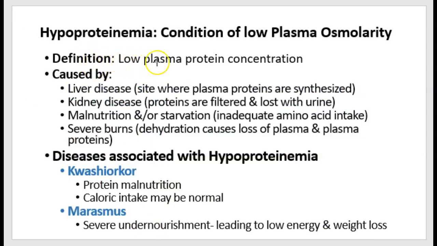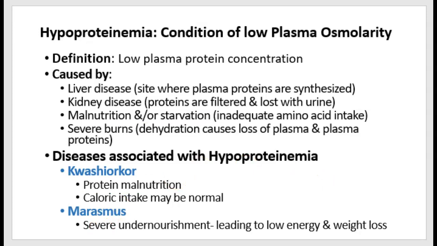But then we also discussed hypoproteinemia in a malnutrition case, or starvation. So this would be kwashiorkor disease, and that's due to a diet that is rich in carbohydrate but deficient in protein.